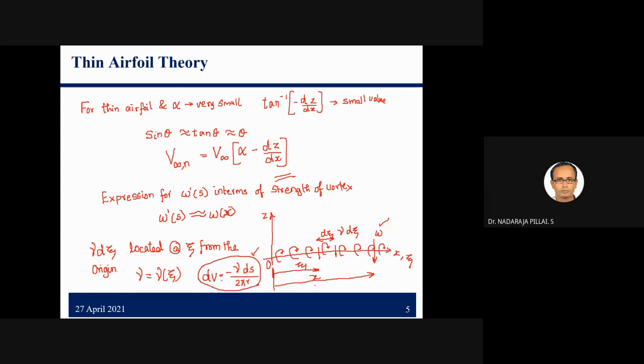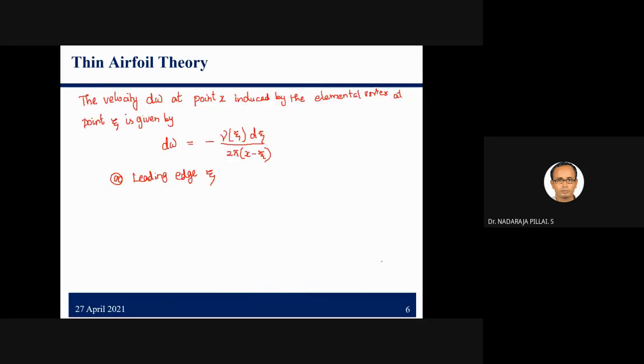And what is zeta at the trailing edge? Zeta at the leading edge is equal to 0. At the trailing edge, it is equal to the chord length.